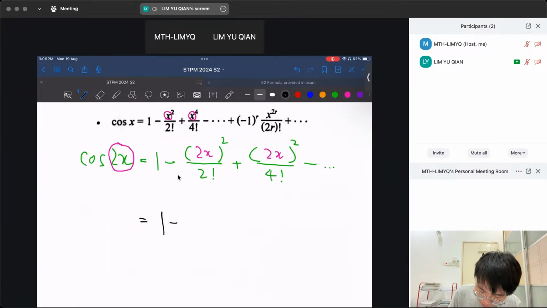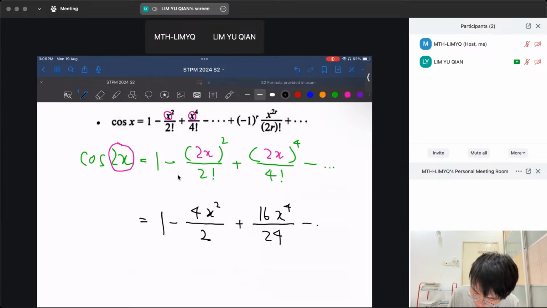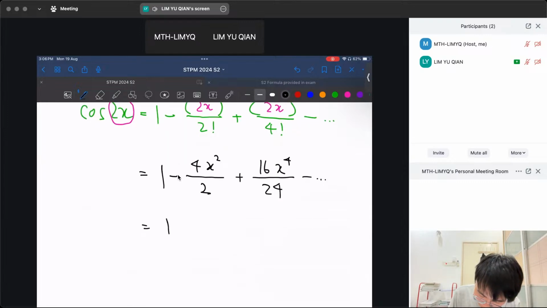So 1 minus, up here is 4x squared over 2, plus power 4, this one is power 4, 16 over 24. Simplify: 1 minus 2x squared plus 2 over 3 x power 4 minus dot dot dot.